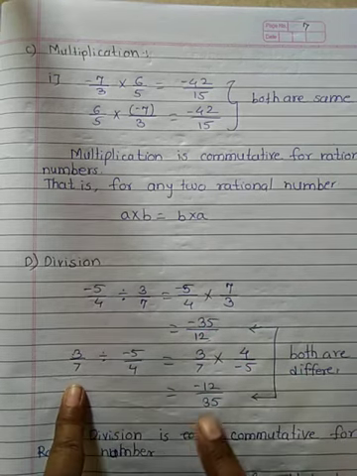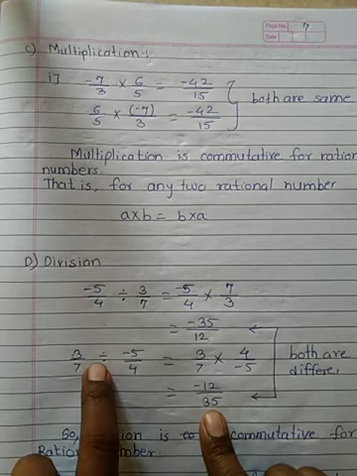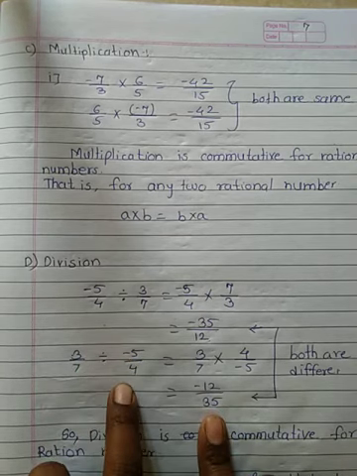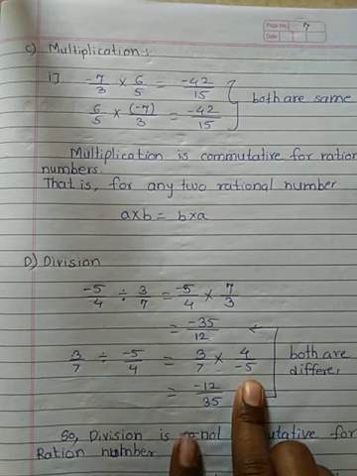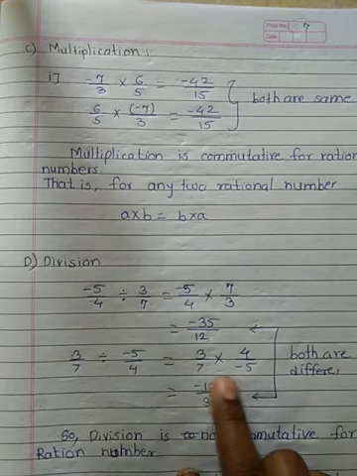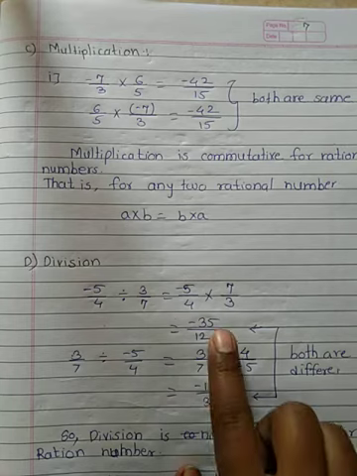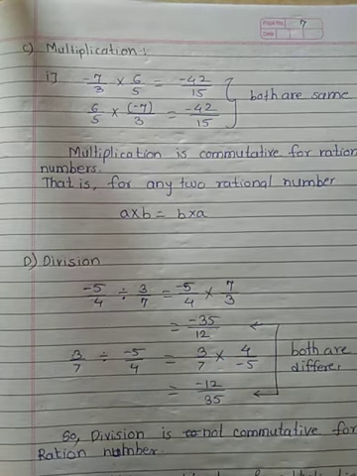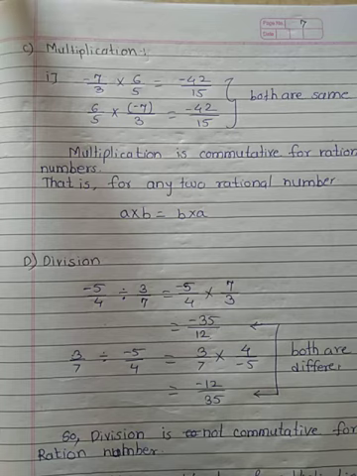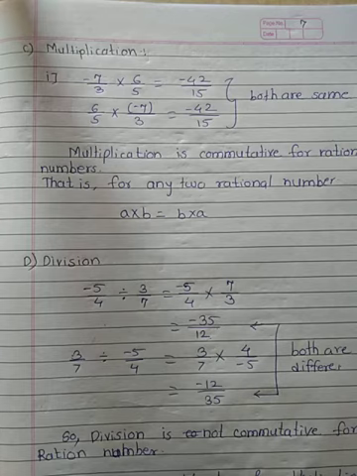And here 3 by 7 divided by minus 5 by 4, that is 3 by 7 into minus 4 by 5. The answer will be minus 12 by 35. See, changing the numerator and denominator, both answers will not be the same, correct? So division is not commutative.